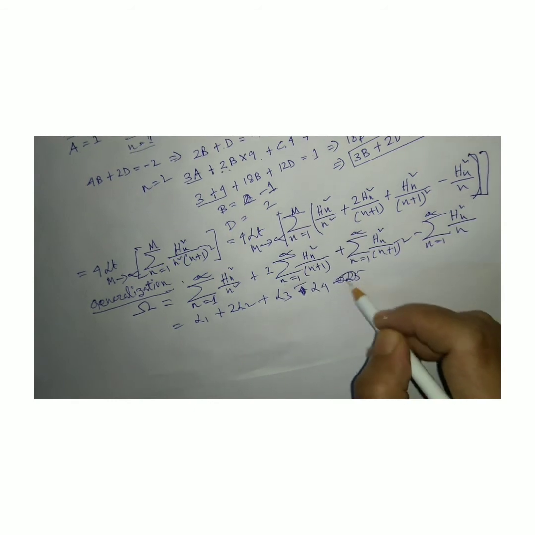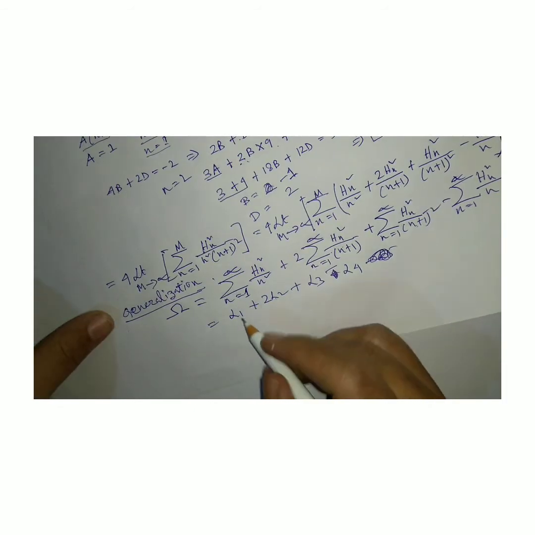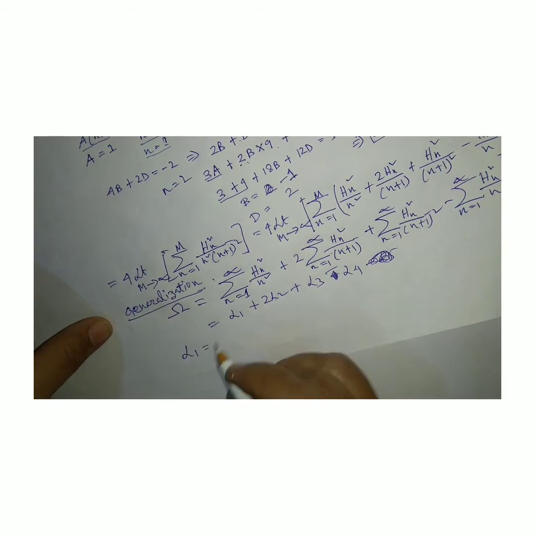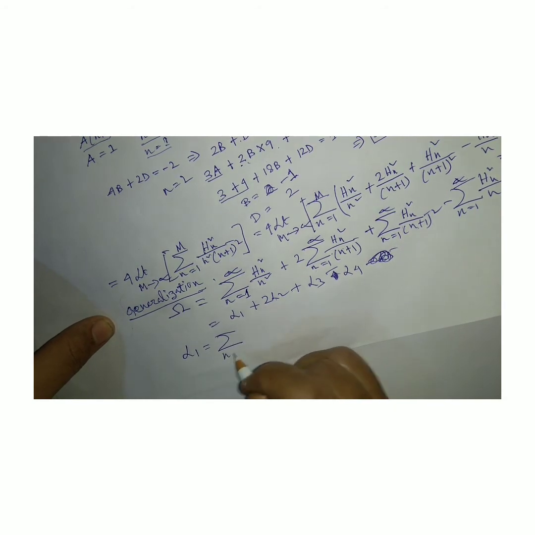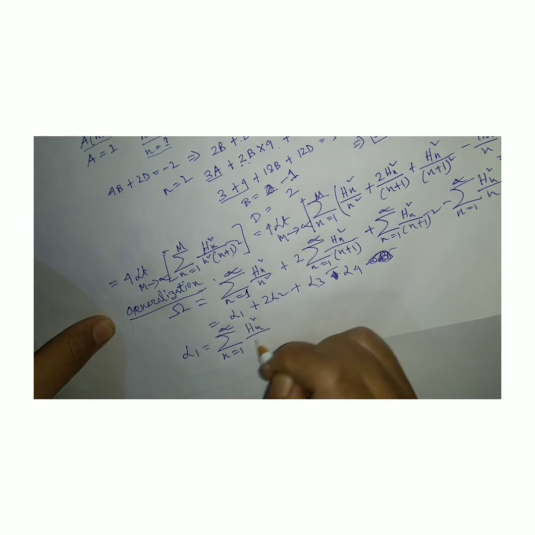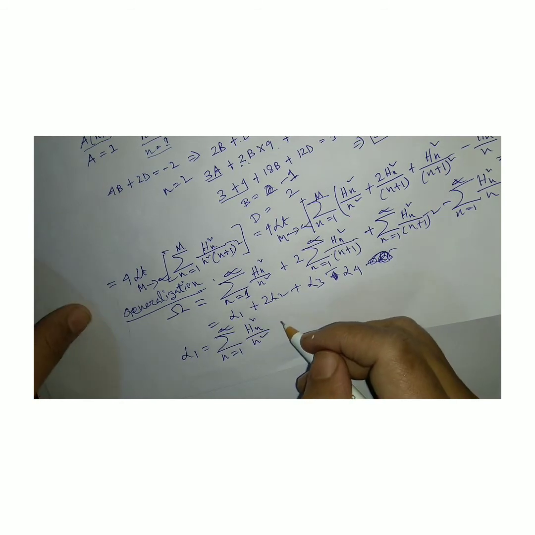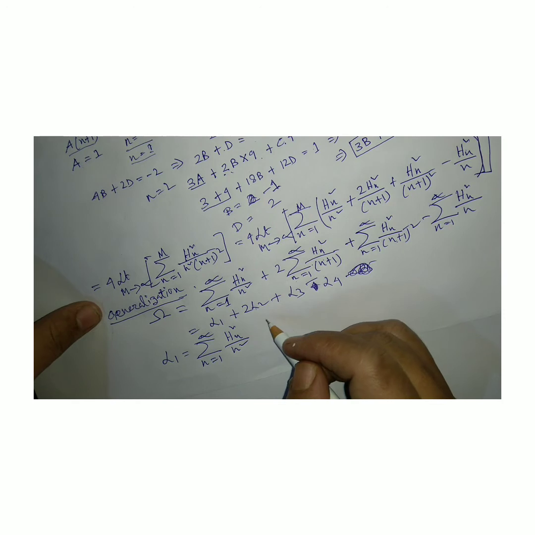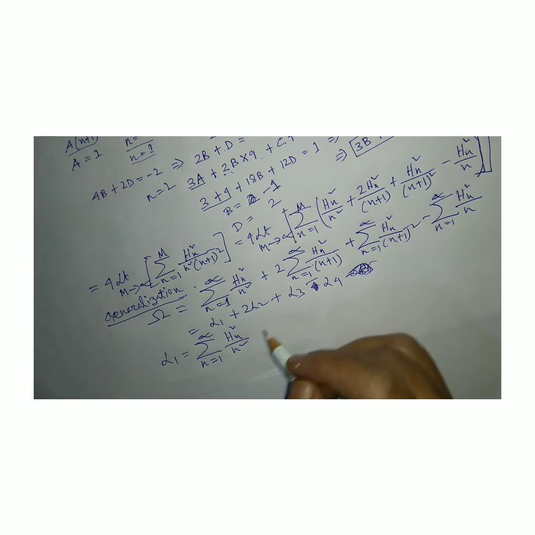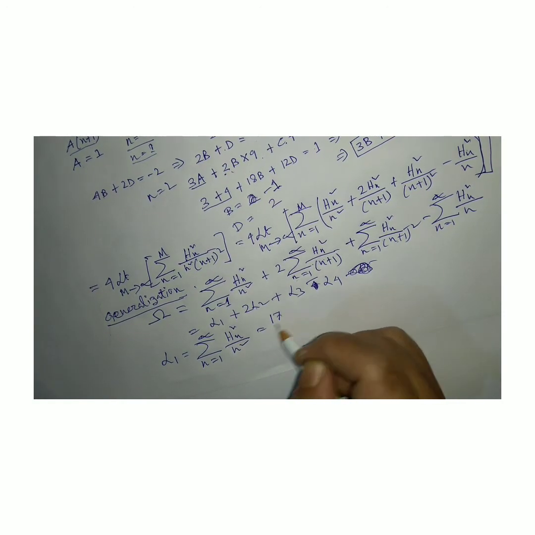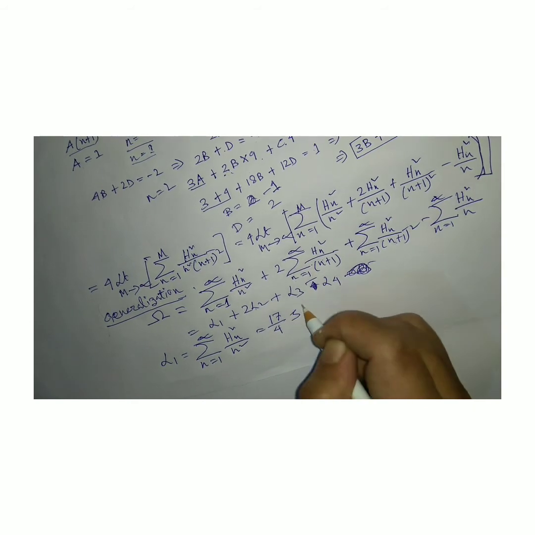Sorry, this is not L5. L1 is this. L1 means summation n equals to 1 to infinity h square n divided by n square. Friends, this value you have to remember: 17 by 4 into zeta 3.